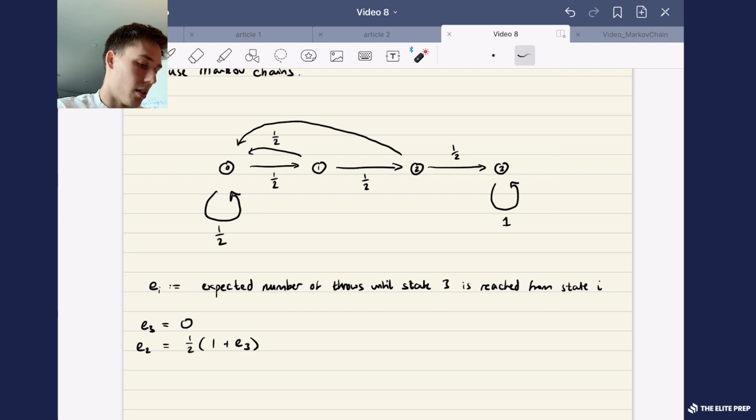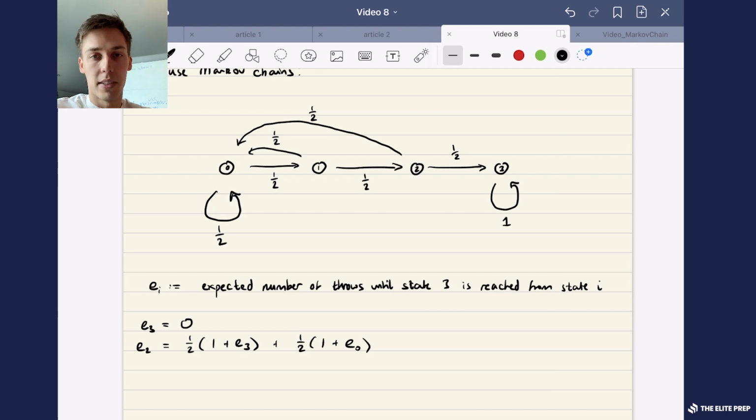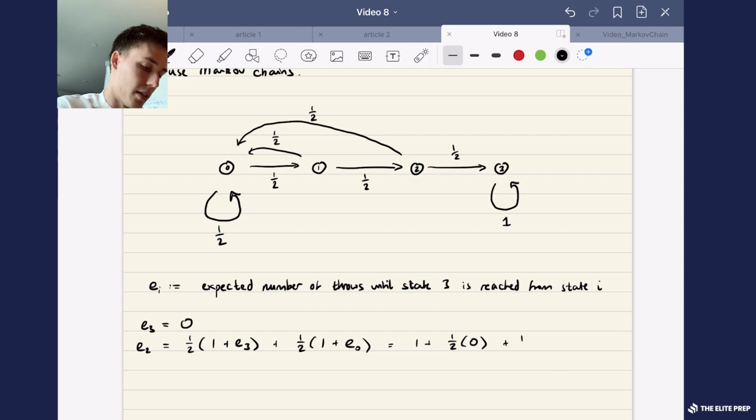And 2 can also go back to 0 with probability 1/2. So it also can do 1/2, one step plus E0, which is the number of steps required to get to state 3 from 0, which is just equal to 1 plus 1/2 times 0 plus 1/2 E0.